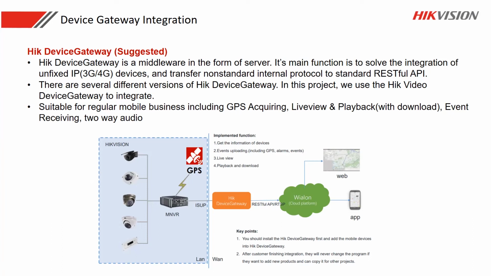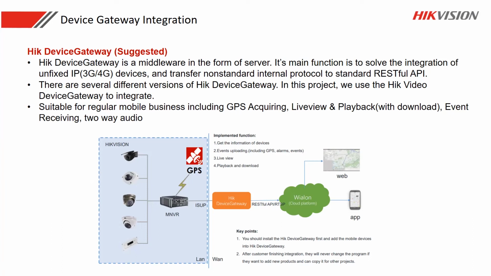And it's quite simple. You just need to install the gateway software on your server, and then you can use the server to do the device management and get a live view. For some clients, if they select the mobile NVR, they need to know the GPS coordinates of the device. You can also get this kind of data by using the Hikvision device gateway to receive.